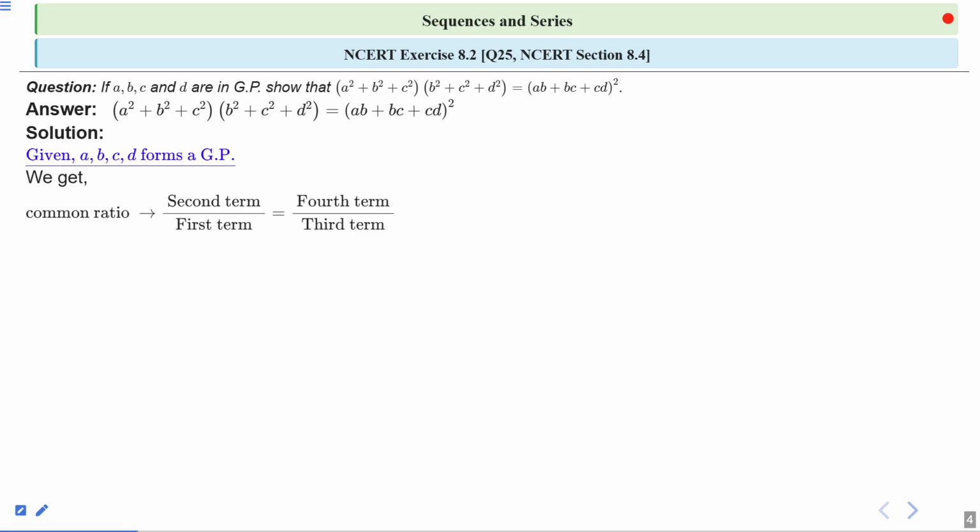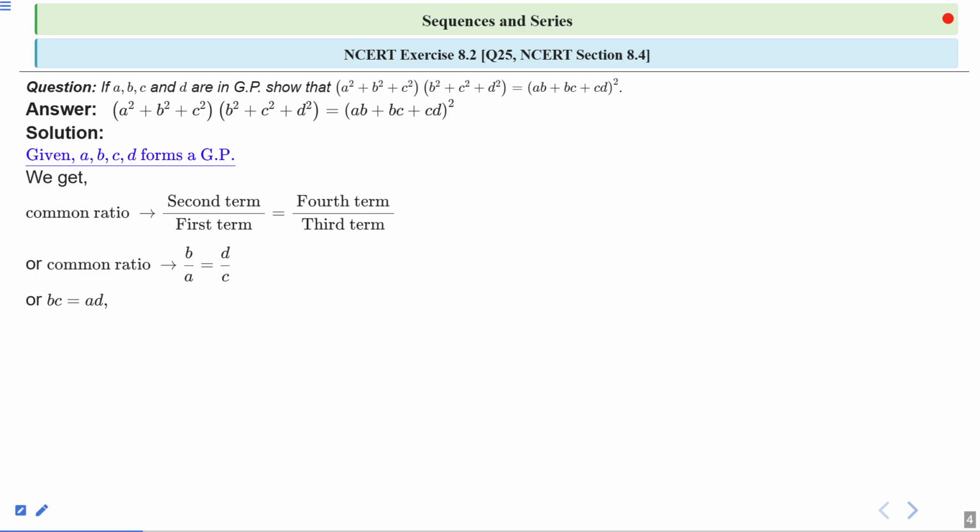If we take second term divided by first term, this is equal to fourth term divided by third term, according to the definition of geometric progression. Here the first term is A, second term is B, third term is C and fourth term is D. So the common ratio B over A is equal to D over C.